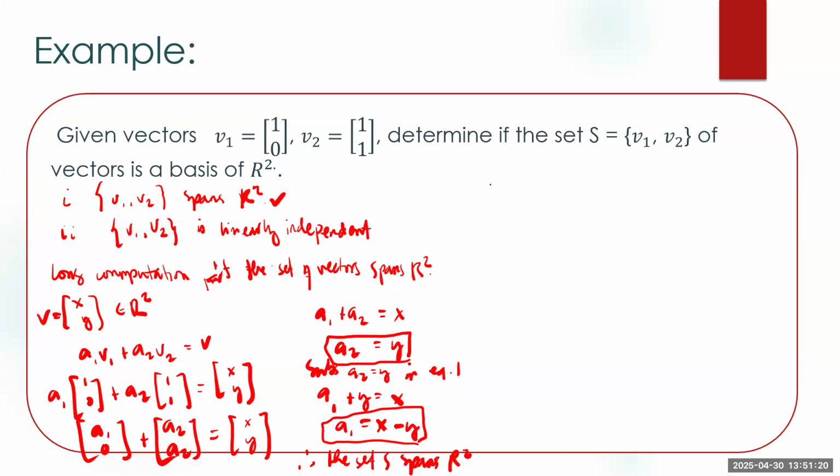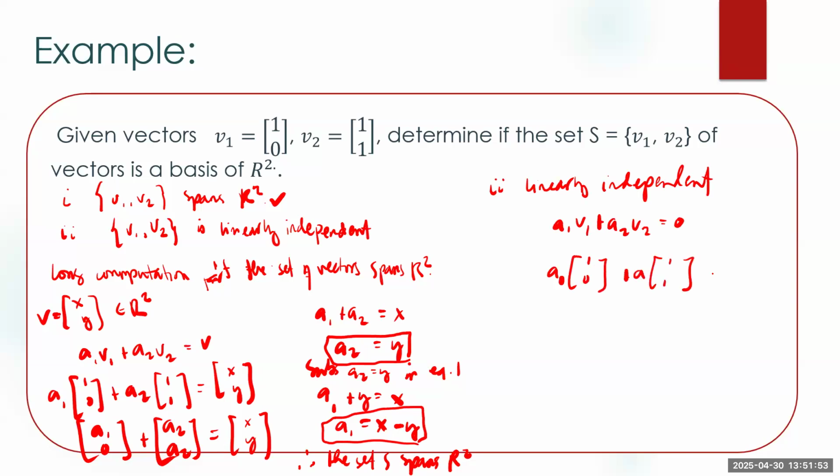For the second, if linearly independent, utilizing the computation again, we are going to use this linear combination again. However, we're going to equate that to 0. So we have a1 times (1, 0) plus a2 times (1, 1) equal to 0.